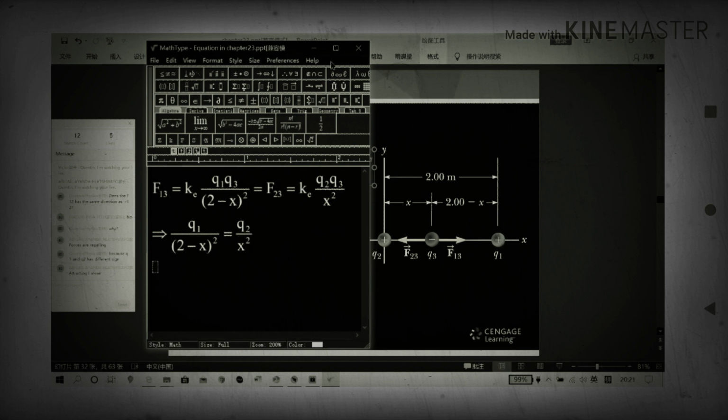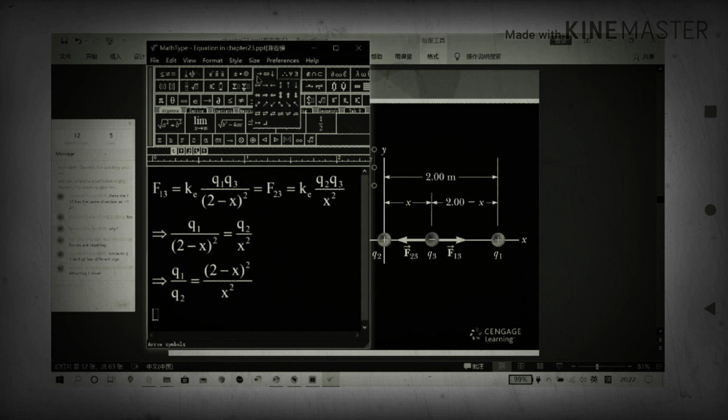And then what's next? Because we have to solve for x, let's move this Q2 to this side, and we move this one to here.